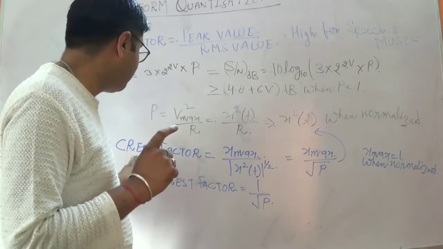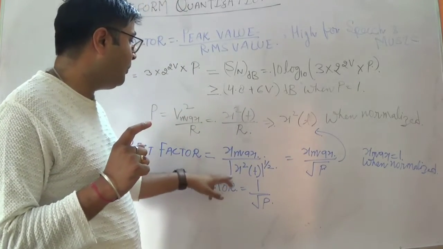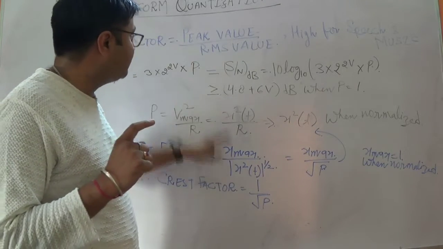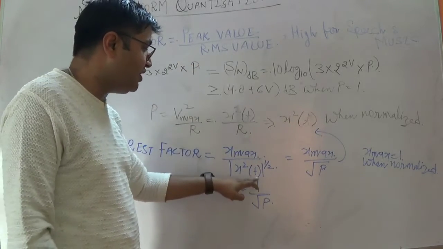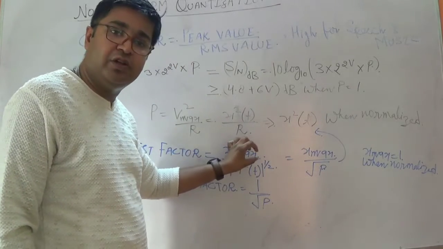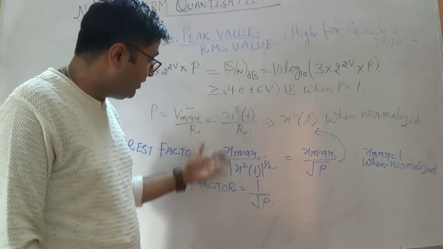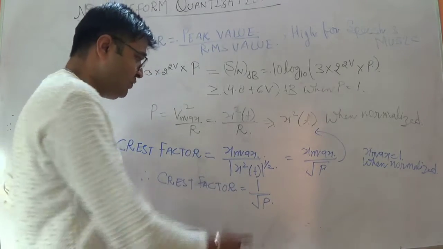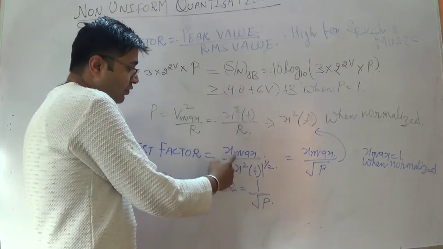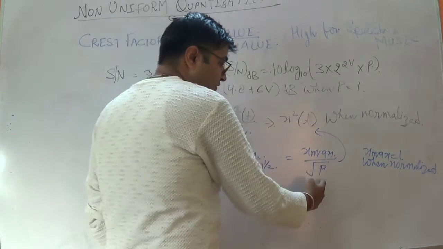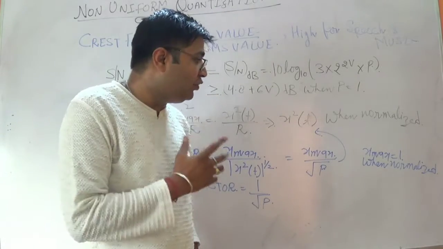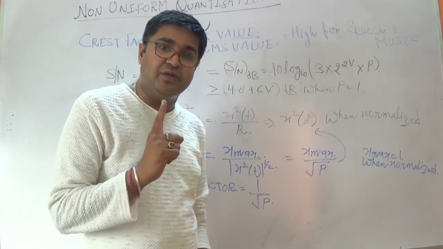Now we had this equation: the crest factor is x maximum upon the square root of x square t. The peak value is x max and the RMS value is x square t to the power 1 by 2, that is the root mean square value of all the voltage levels. Now, as we know, x square t is basically this power, so we will replace it: x maximum divided by root P. Whenever we are doing normalization, the value of x maximum will come as 1.